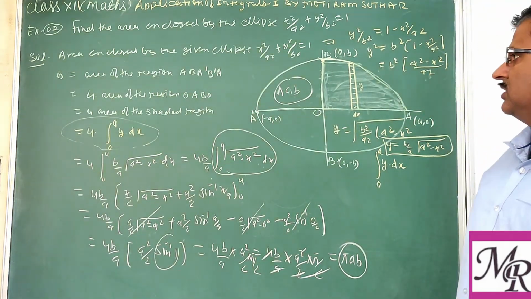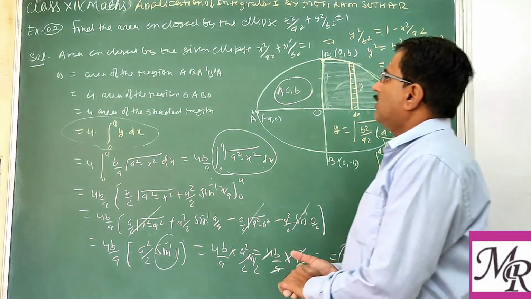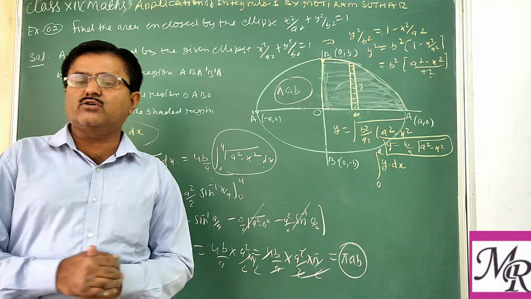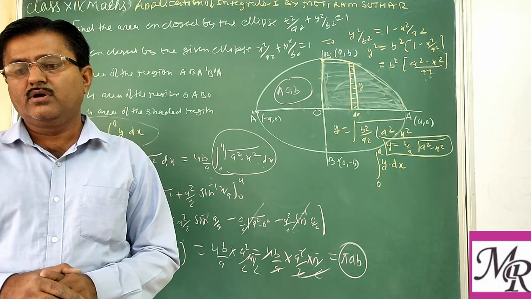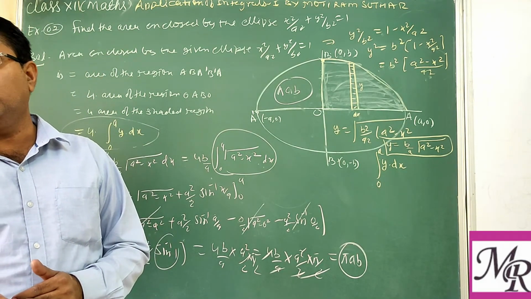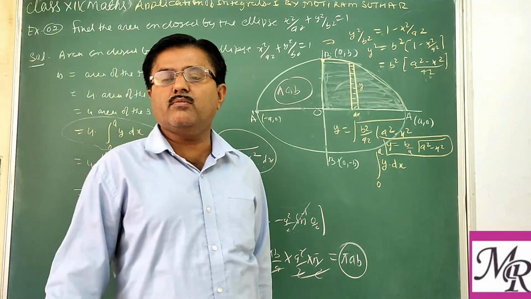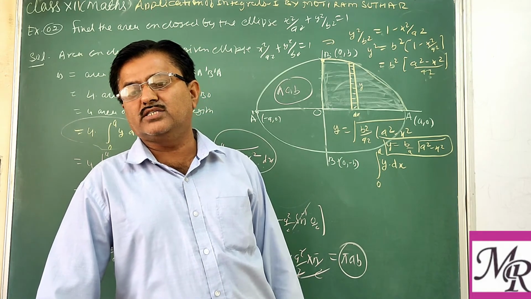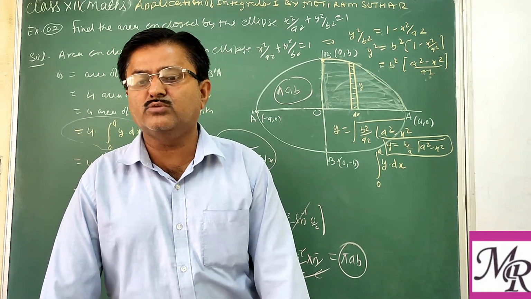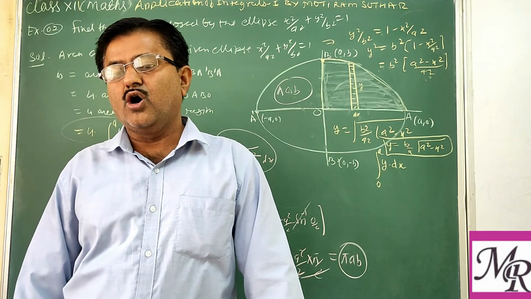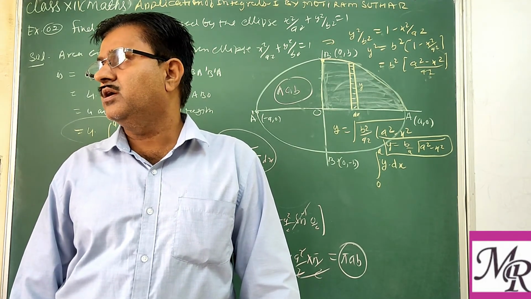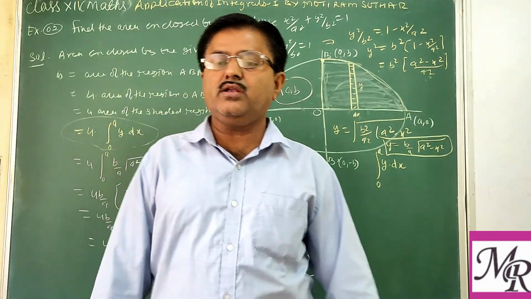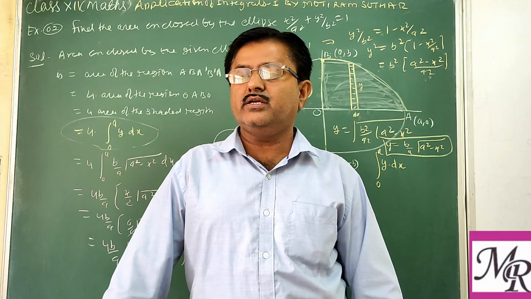In the next part we will see how to find more. One more thing: here we are finding the area enclosed by a single curve. In later sections we will also see the area enclosed by more than one curve. If 2 lines are given or 2 circles are given, how to find the area enclosed between 2 circles, or the area enclosed between a circle and a line, or between a parabola and a circle.